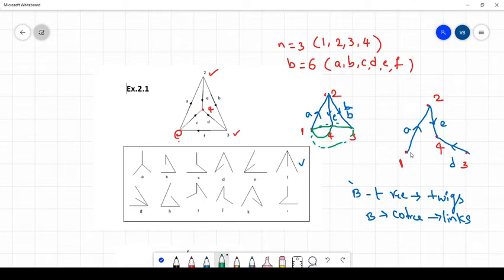In the same way, you observe from 1 and 4 one branch is there, between 1 and 3 we have another branch, and next between 2 and 3 there is another branch. These 3 branches form the co-tree of that particular network. I think you are clear with the co-tree and tree examples.